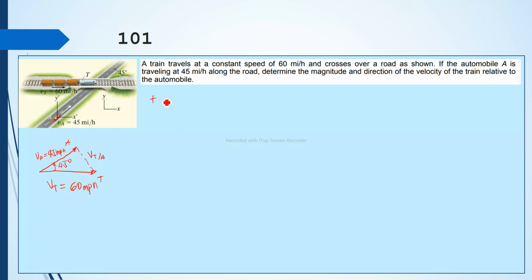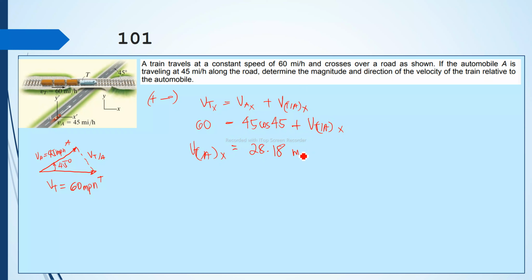So along the x, we have that the velocity of the train is equal to the absolute velocity of the automobile plus the relative velocity of the train with respect to the automobile along x. Then we have 60 is equal to 45 cosine 45 plus the relative velocity of the train with respect to the automobile along x, or simply that is still 28.18 miles per hour.